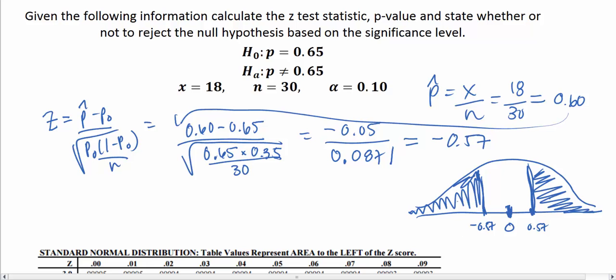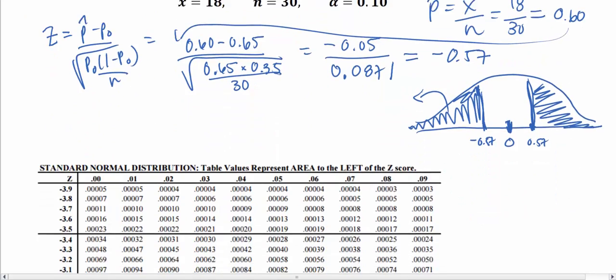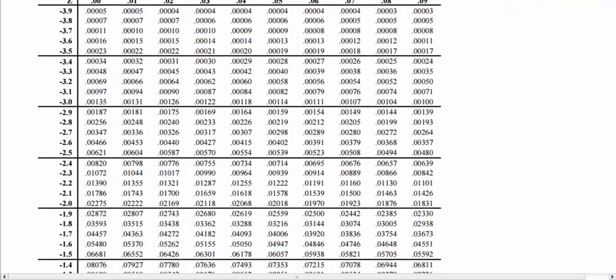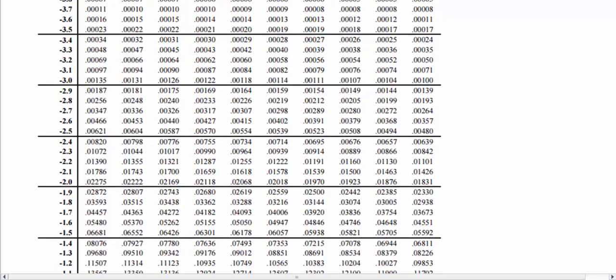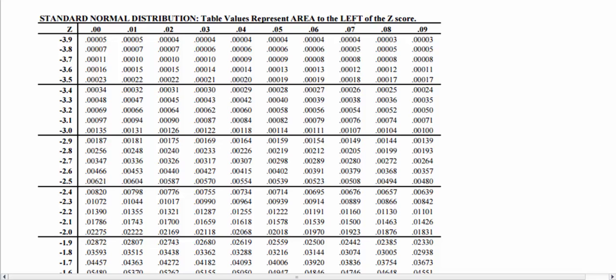All right, so let's go ahead and find the area that falls below negative 0.57 on the z table. If we scroll down, we find the area that falls below negative 0.57, if we scroll across, is equal to 0.28434, because that's in the hundredths column.